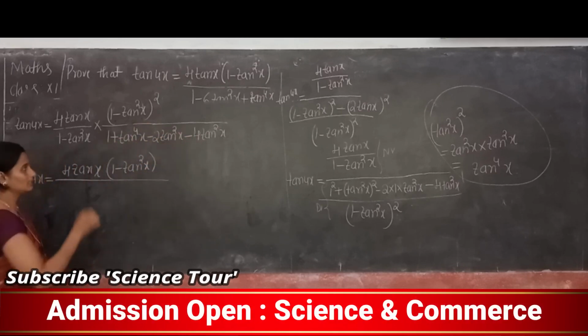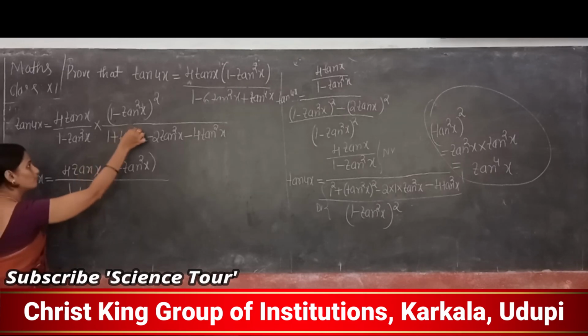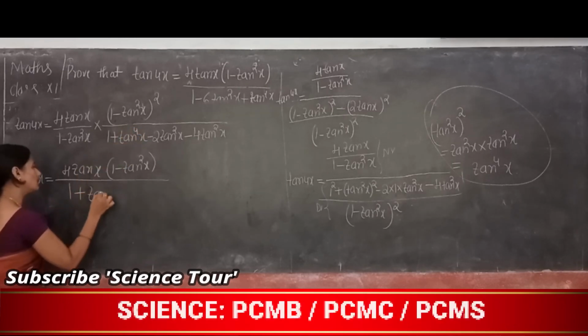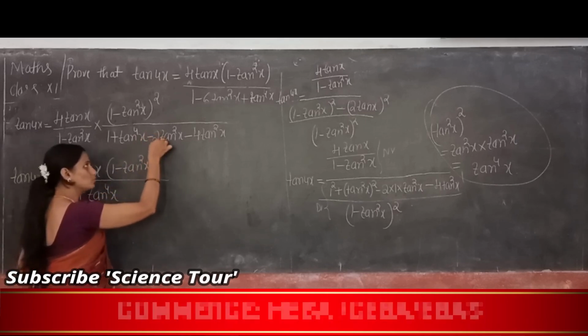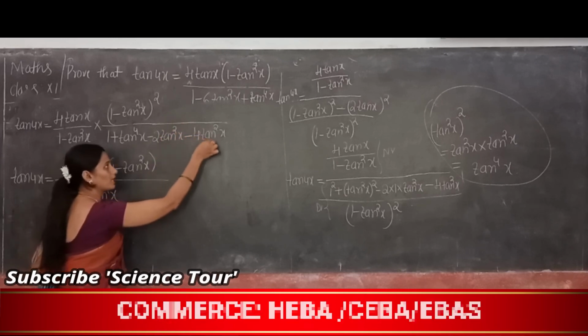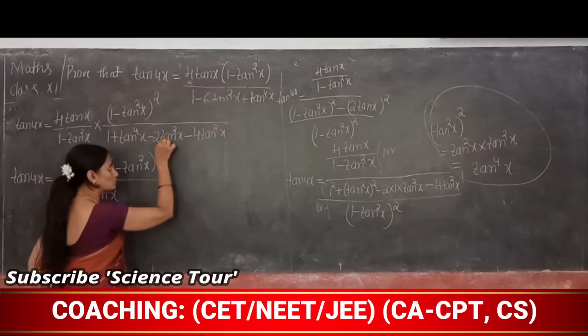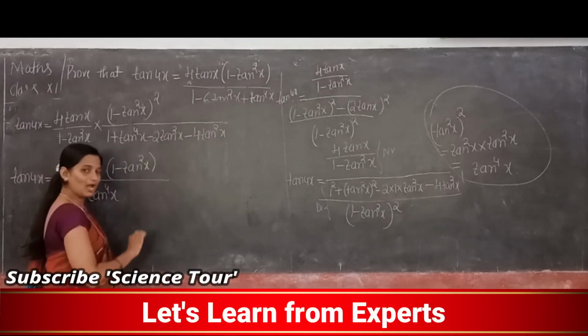So collect like terms. This is 1 plus tan power 4x as it is. See, minus 2 tan square x minus 4 tan square x, so these two are like terms, we can add or subtract.